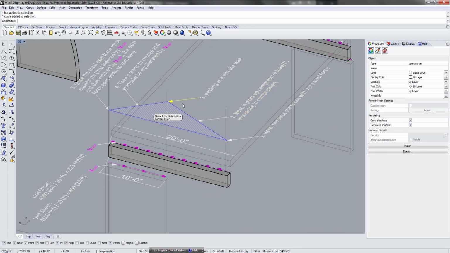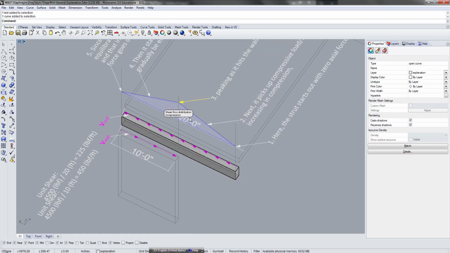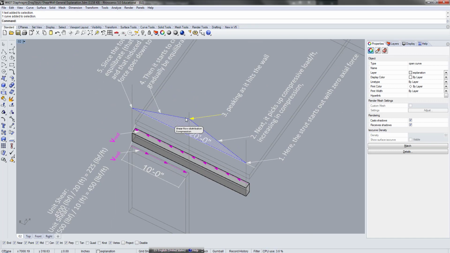That's where the peak is. And once you hit the wall, that accumulated compressive shear decreases, because on the upper side you still have the diaphragm pushing this way, but now you have the shear wall beneath trying to push the other way. So that's what changes here.